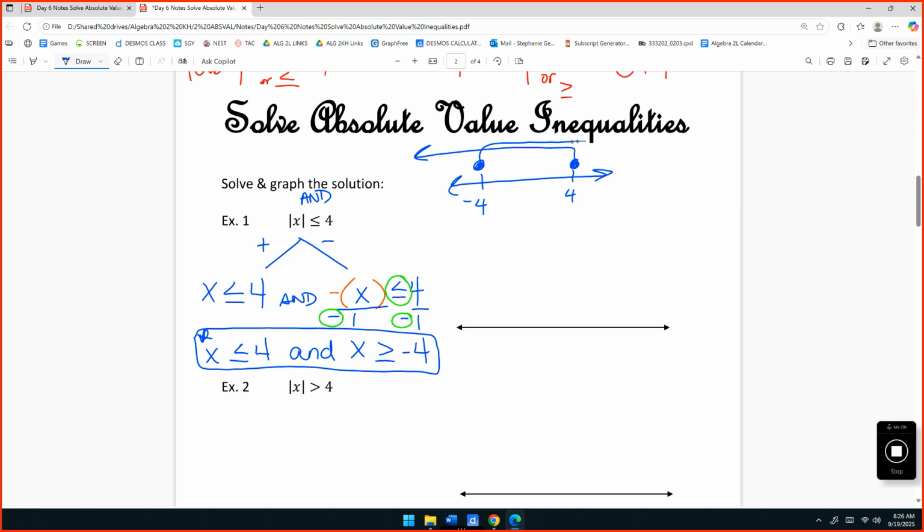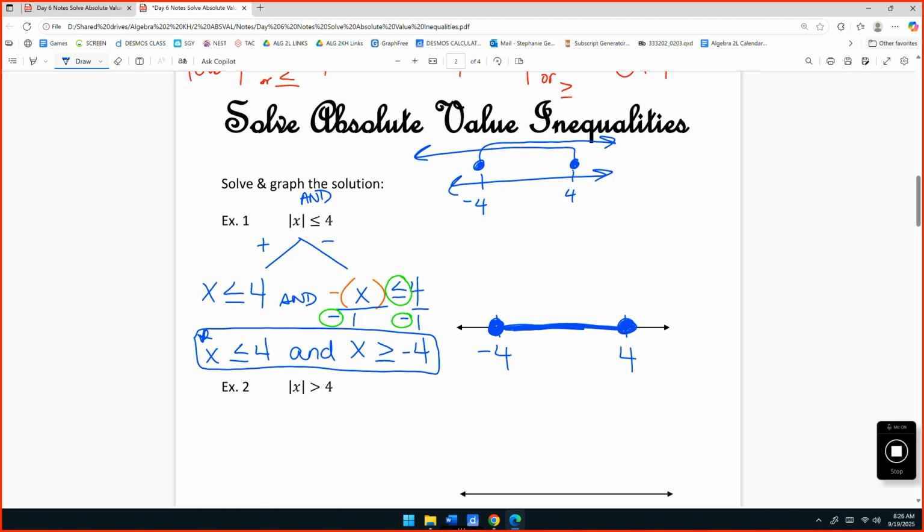And that's going to the right, and since it's and, I'm looking for the overlap. So we are now proving algebraically why this is the solution. So this one we kind of logicked our way through it, but algebraically this is why that works, right? It's the intersection of those two inequalities, so that would be our solution graph.